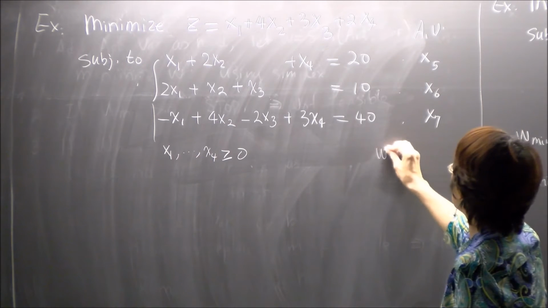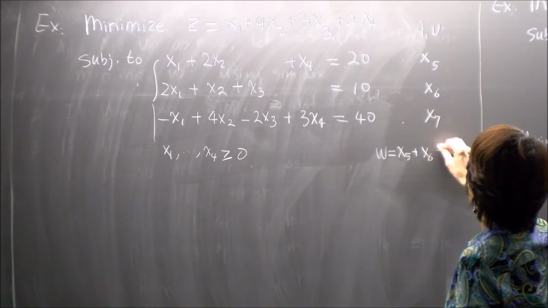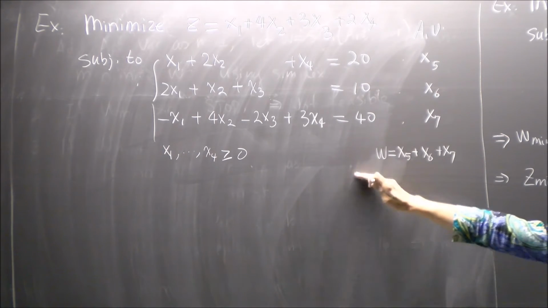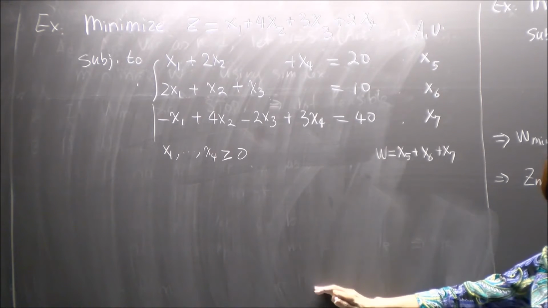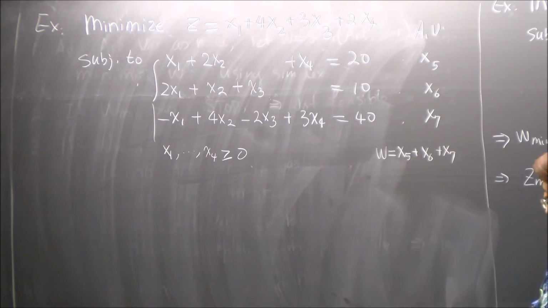And I will have my w to be the sum of these 3. Okay? Would you be able to write out the new system with the artificial variables? I'm not going to do that because we can go to the LP assistant and put in the numbers and it will set it up automatically for us.